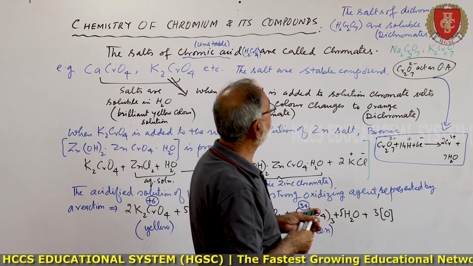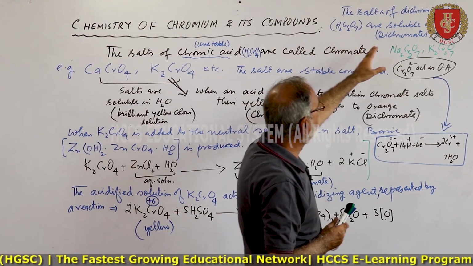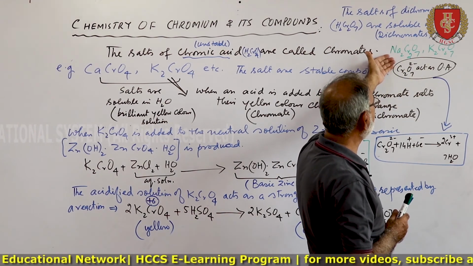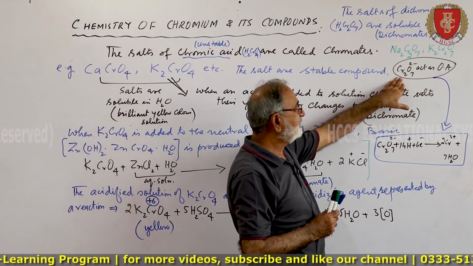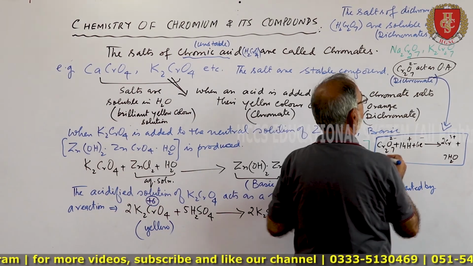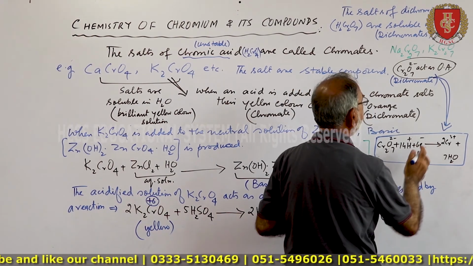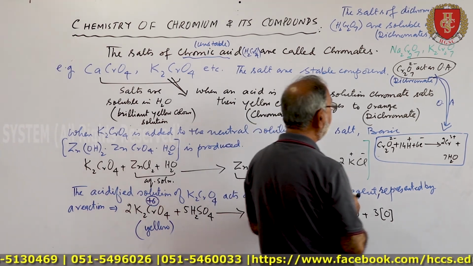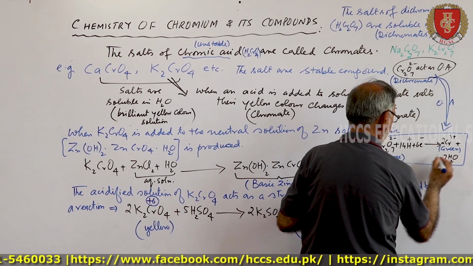Now, the salts of dichromic acid are soluble in water as dichromates, for example sodium dichromate and potassium dichromate. The dichromate ions basically act as strong oxidizing agents. Now, this orange color changes to green.